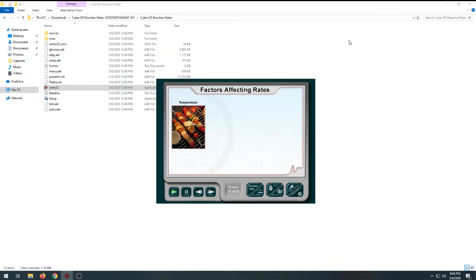The rates of chemical reactions depend on several factors, some of which may already be familiar. You may have noticed that food cooks faster at a higher temperature, or that it is easier to start a fire by lighting twigs and other small pieces of wood than it is to light a large branch.